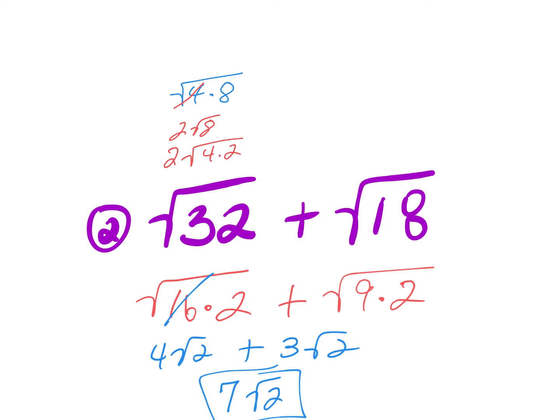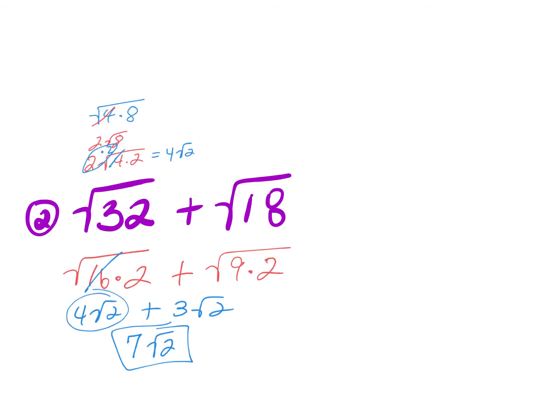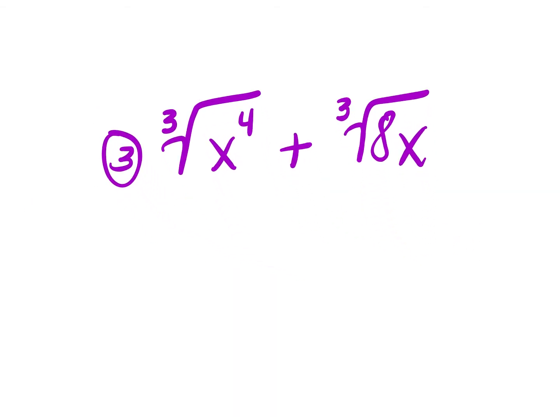What's the square root of 4? So I take it out and I have to multiply these 2 together. So 2 times 2 is 4, so I'd be left with 4 root 2, which is what we got right here, right? So it's just an extra step you'd have to do. All right, but that's okay. If that's what you guys see, no big deal. Just make sure you keep breaking down until it's as small as it'll go.